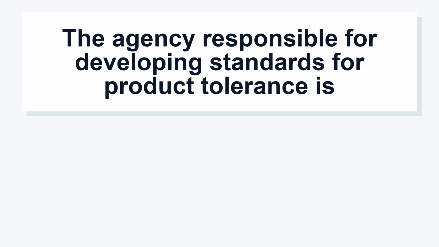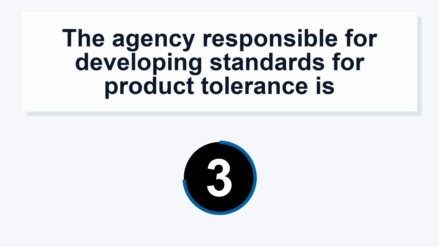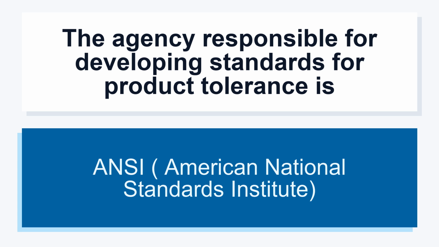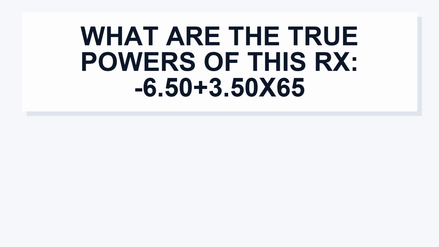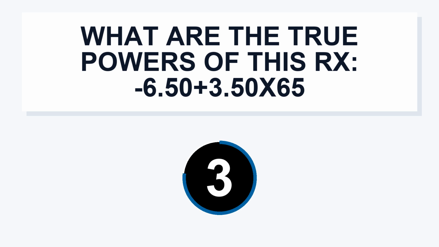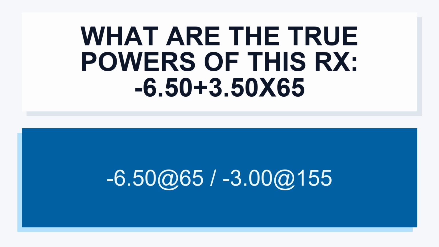The agency responsible for developing standards for product tolerances. ANSI, American National Standards Institute. What are the true powers of this Rx, -6.50 +3.50 x 65? -6.50 at 65, -3.00 at 155.